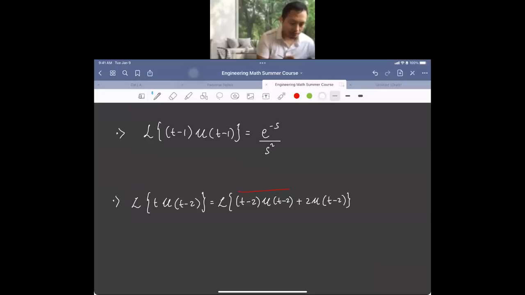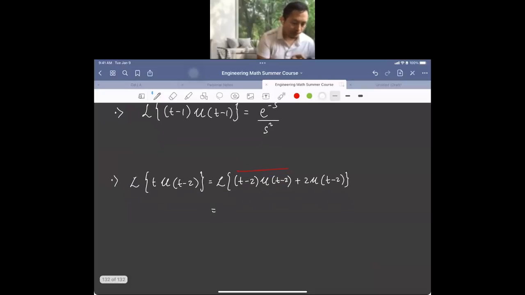Okay, now we can move to this first Laplace, or we can write it's actually Laplace of this plus 2 times Laplace of this, t minus 2 Heaviside.